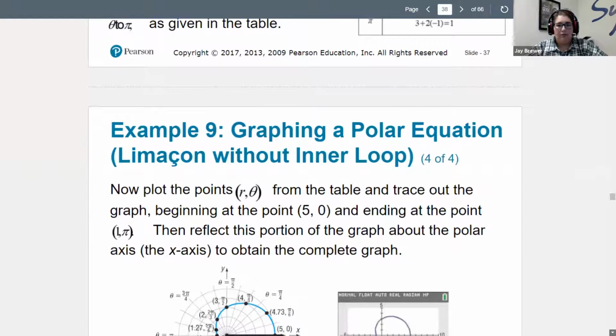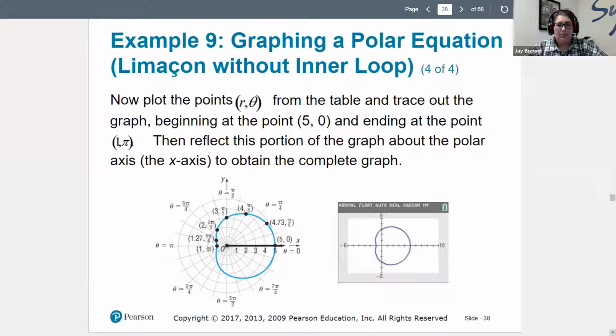And again, you don't have to do the symmetry. I'm not going to require it of you unless it's obviously the question on the test. But if you give them to me, I will definitely give you bonus points.